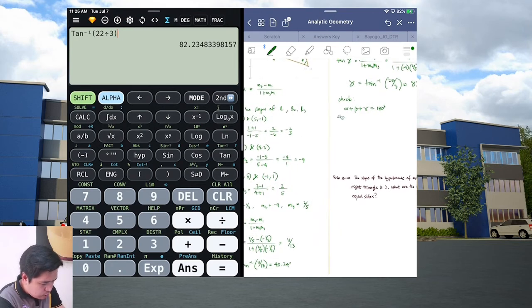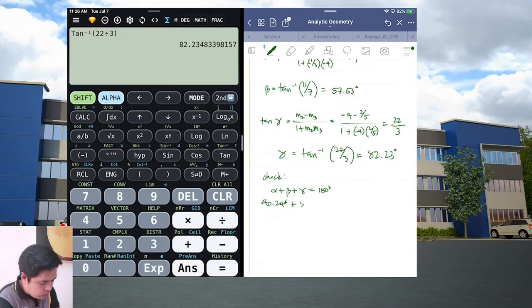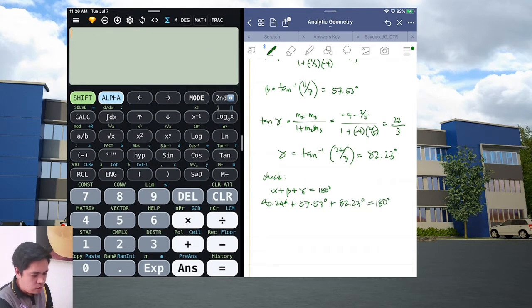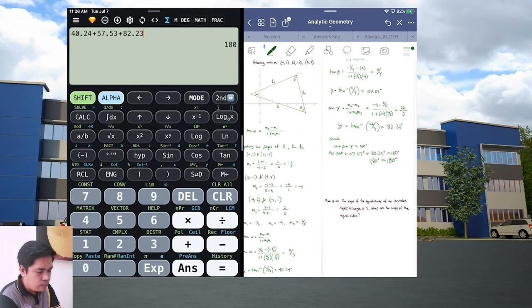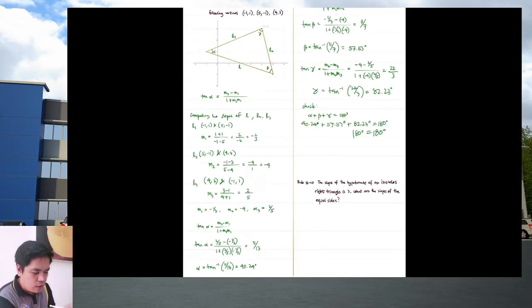So 40.24 degrees plus 57.53 plus 82.23 degrees should be 180 degrees or very close. So the answer is 180. So it's 180 degrees. So therefore, we are sure that our answers are correct. So that's it. Very easy.